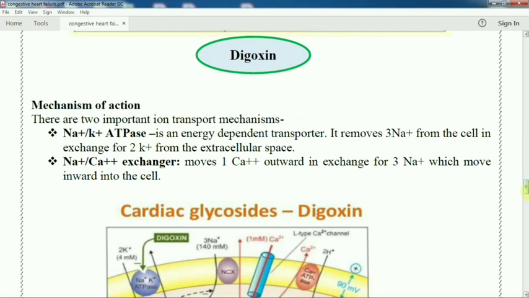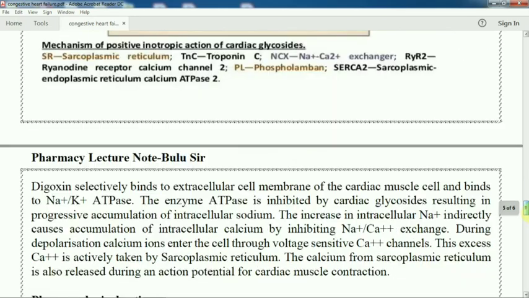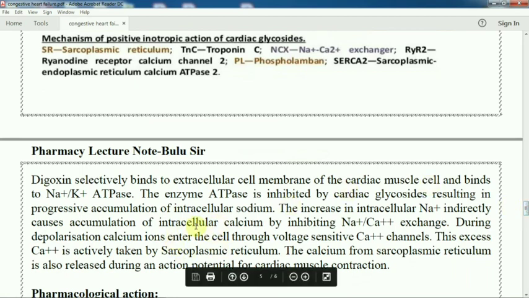When the sodium accumulates inside the cell, it also accumulates the calcium, the intracellular calcium.